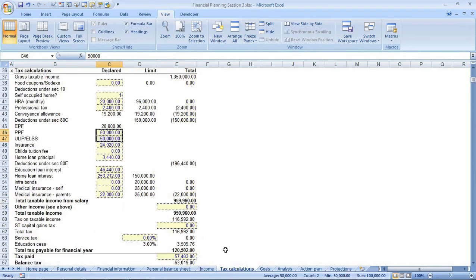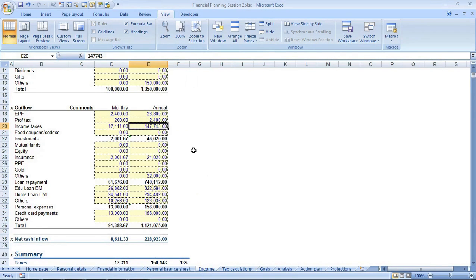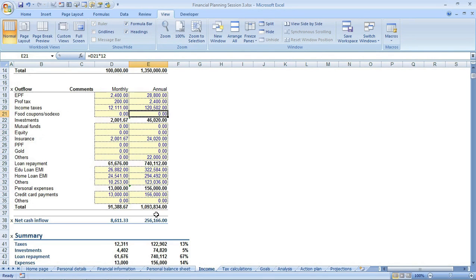From the bonus amount, if he invested in PPF and ELSS, that would decrease his taxes to 120,502, which means he would have around 2.5 lakhs left other than the cash expenses, for surplus as well as for his expenses, from which he can pay part loans.